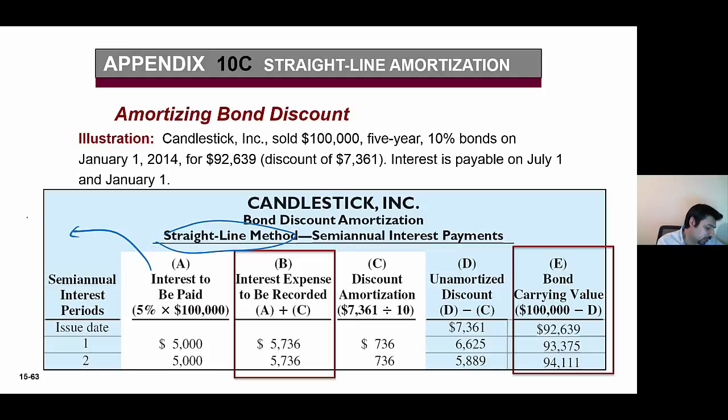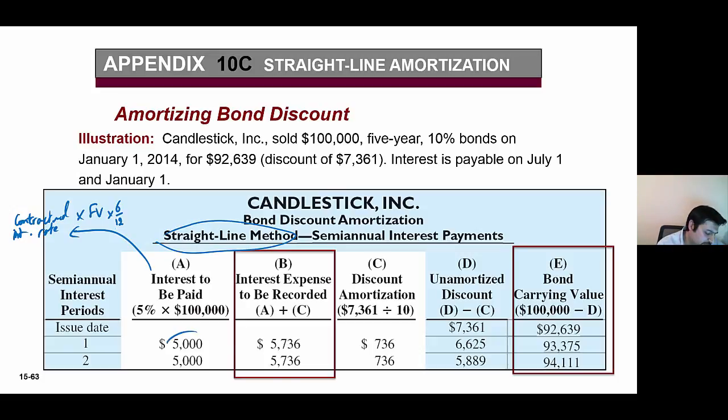This is the contractual interest rate multiplied by the face value multiplied by, because it's semi-annual, 6/12. So in this case, it is 10% multiplied by 100,000 multiplied by 6/12, which is 5,000.